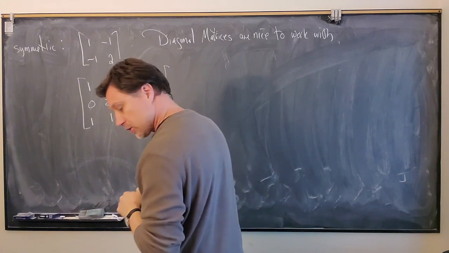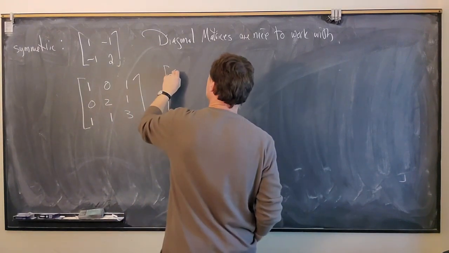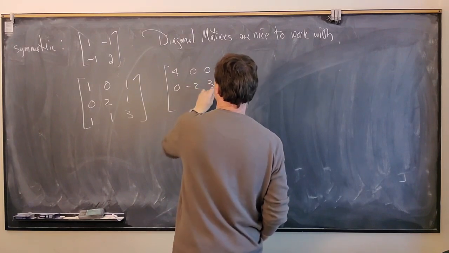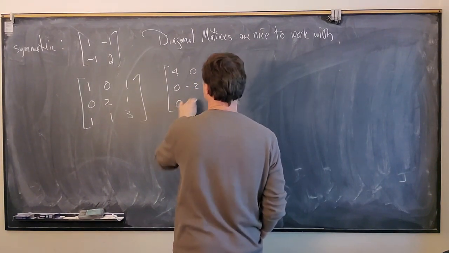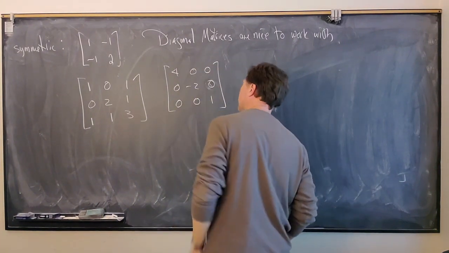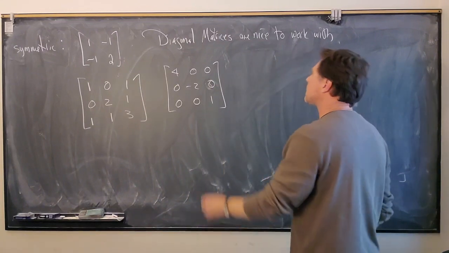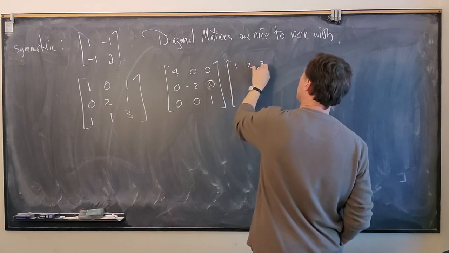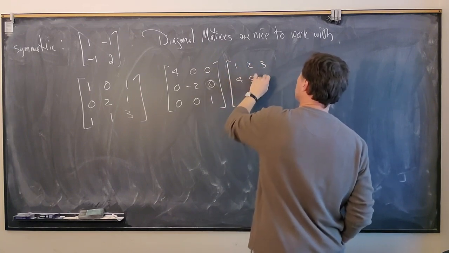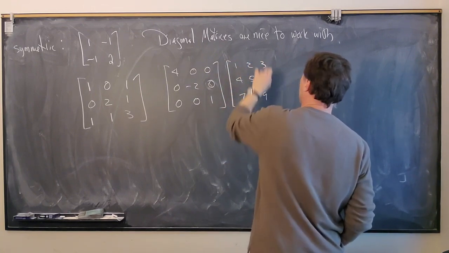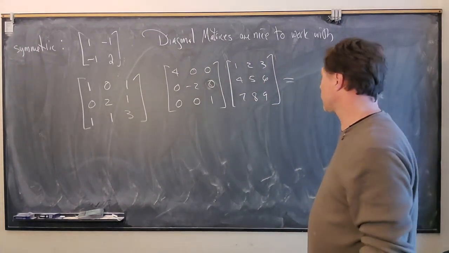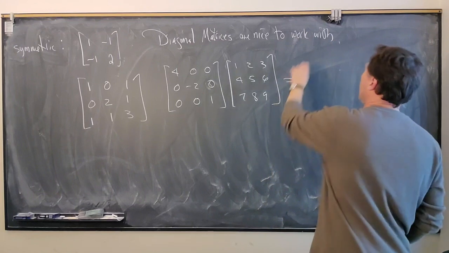So what I want to do, I'm going to write down this diagonal matrix here: 4, 0, 0, 0, -2, 0, and 0, 0, 1. All right, so there's a diagonal matrix. And I'd like to multiply 1, 2, 3, 4, 5, 6, 7, 8, 9. Now, let's see what happens when we do this matrix multiplication right here.